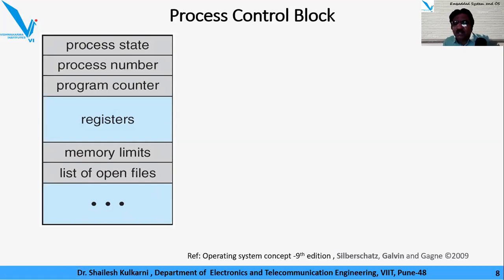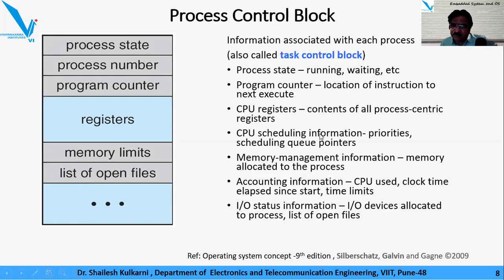And let me tell you that the number of tasks determines the number of process control blocks. If in an application I have n processes running, then I should have n process control blocks, to which the scheduler should be given access for scheduling purposes. The information given here, associated with each process, is called a task control block.